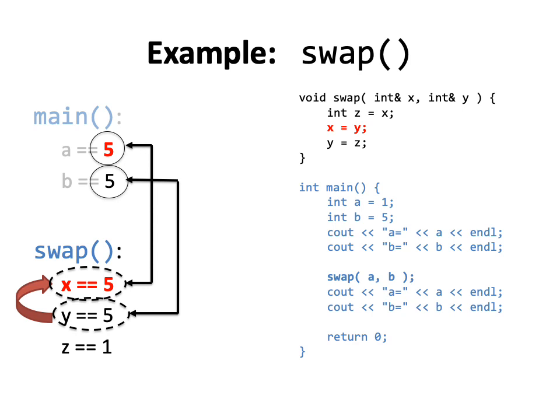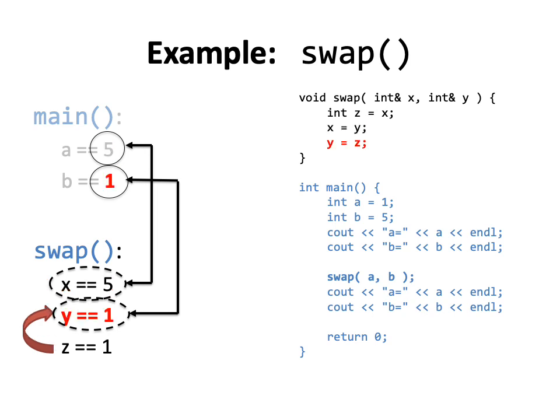The value of y is 5, so we set x equals 5. But when we do that, notice how it also changes the value of a in the main method. That's because under the hood, x and a are referring to the same place in memory. So if I change x, then I'm changing the same ones and zeros in memory that a refers to. So it changes the value of a as well.